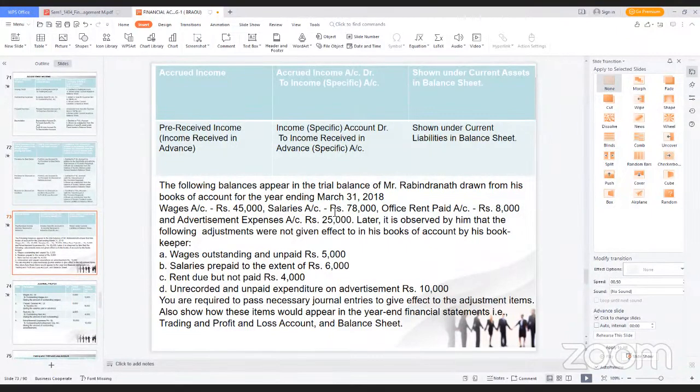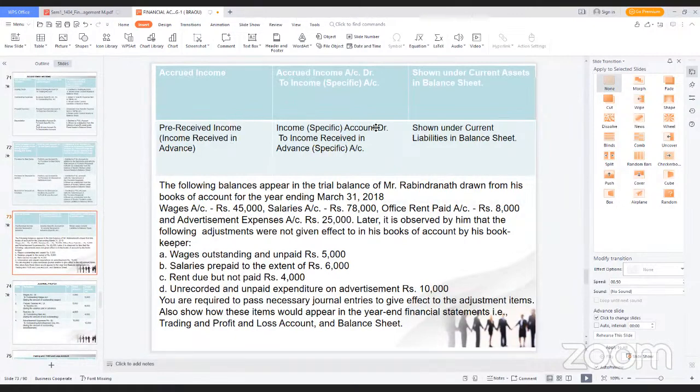Later it is observed by him that the following adjustments were not given effect to in his books of accounts by his bookkeeper. Means these entries are directly posted, but later they came to know an adjustment was not given effect in the accounts by his bookkeeper.